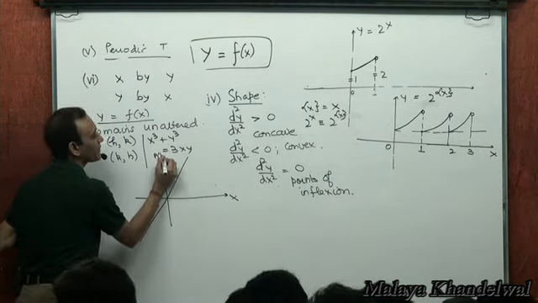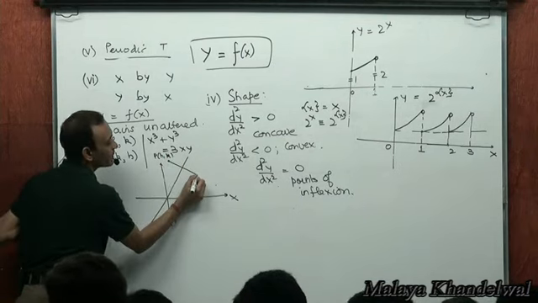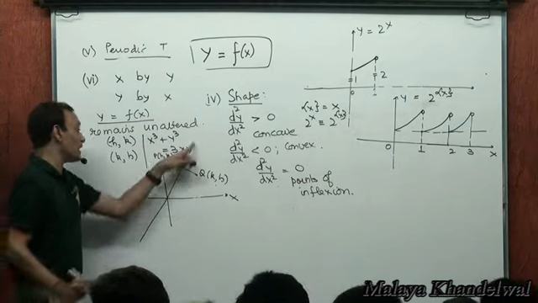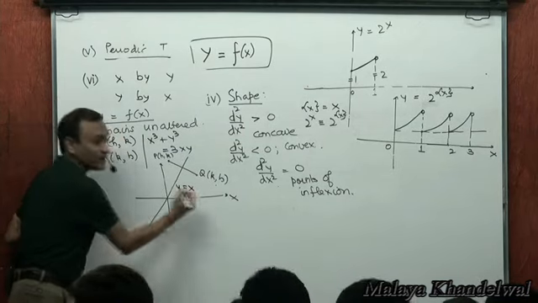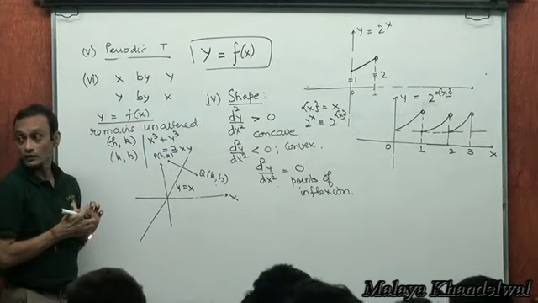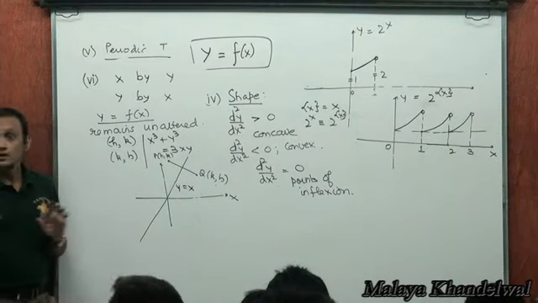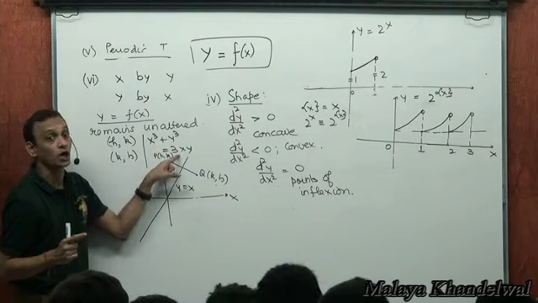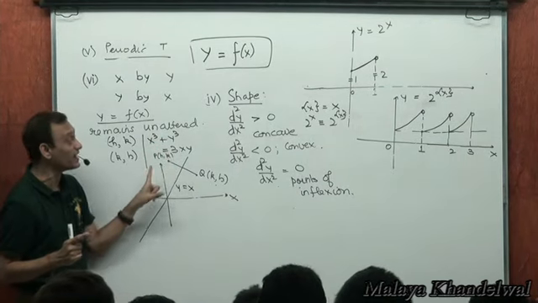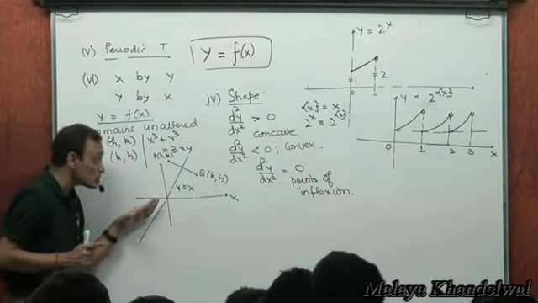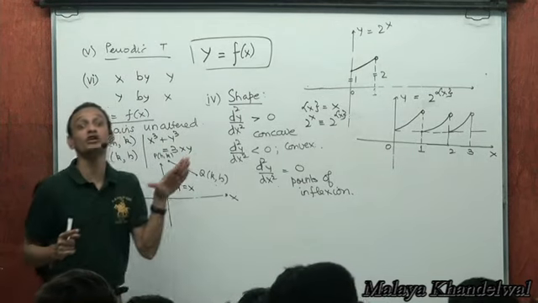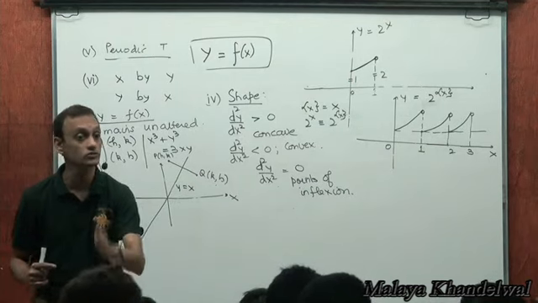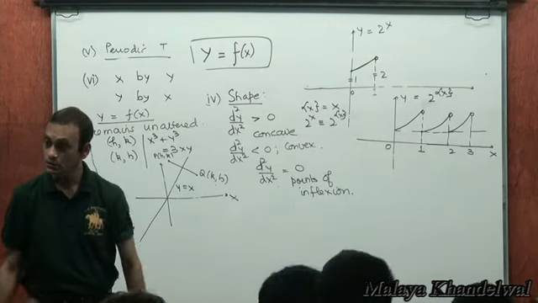If P is (h, k), then Q, (k, h), would be the mirror image of P about the line y equal to x. Therefore, this graph, which remains unaltered on replacing x by y and y by x, must enjoy symmetry about the line y equal to x.